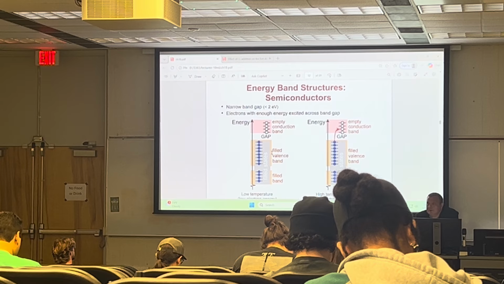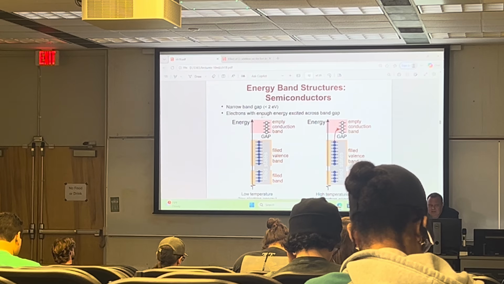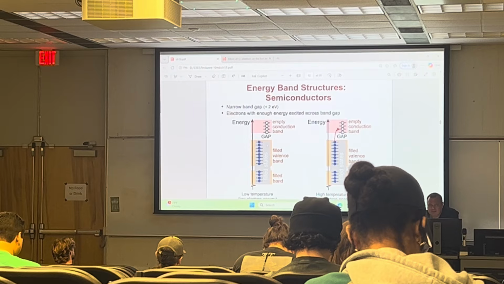in semiconductors, the band gap is called narrow. And narrow means that it's less than 2 electron volts. But if there are electrons with enough energy, they can get excited to cross the gap.